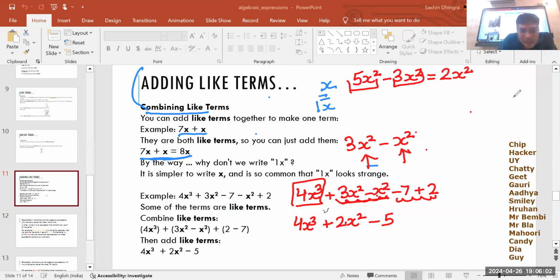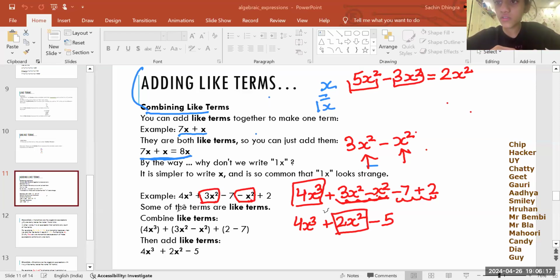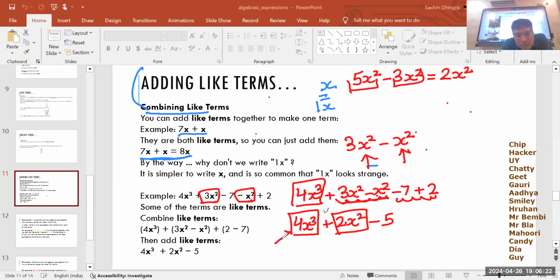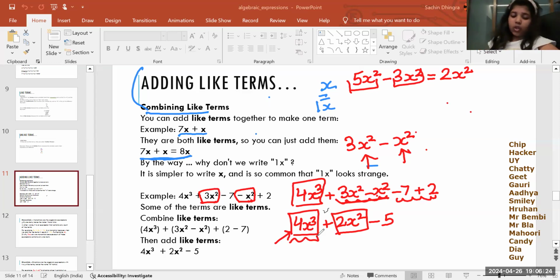Can you see? This 3x square is there, this minus x square is there, right? Yes, sir. So we can combine these two. What will 3 minus 1 be? 2x square. So I will get 2x square. Yes, sir, but what about the first term? The first term will be written as it is, I cannot do anything with it. All right, okay, sir.